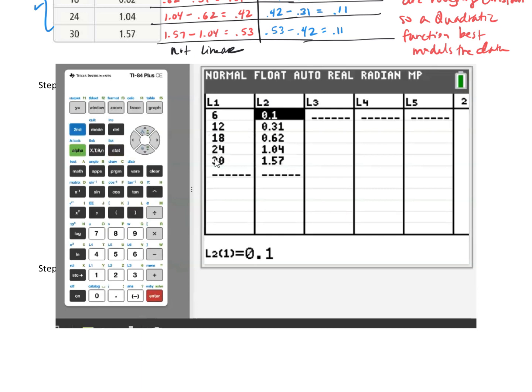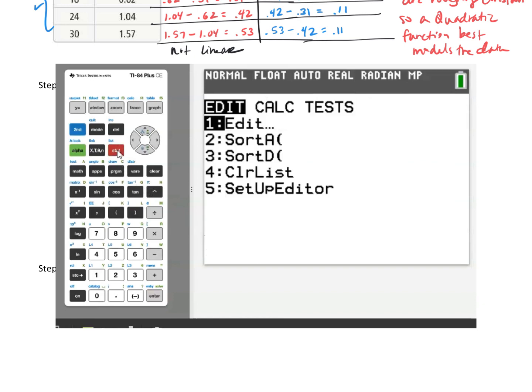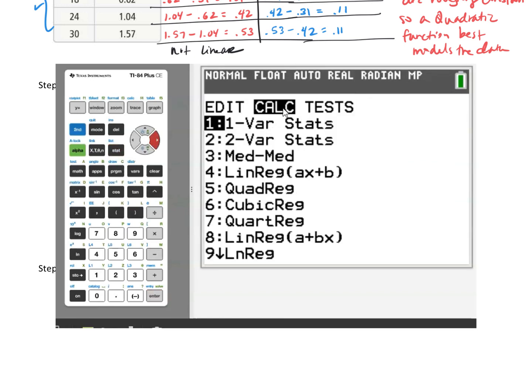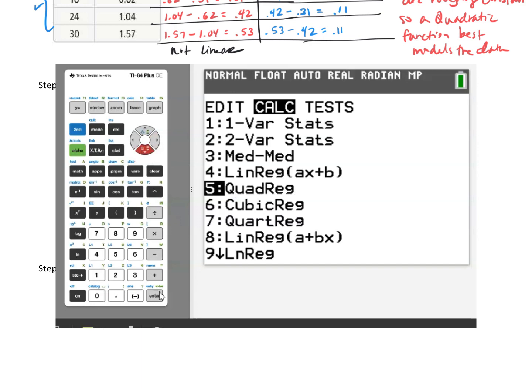L1 is our x coordinates, L2 is our y coordinates, so those are the ordered pairs horizontally. I already entered those in. To get a quadratic function that best fits these ordered pairs, we go back to stat, arrow to the right to calculate, and then option 5, quad reg, that's quadratic regression. We hit enter.